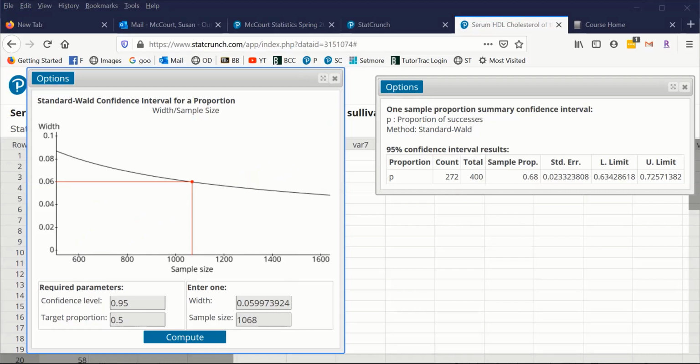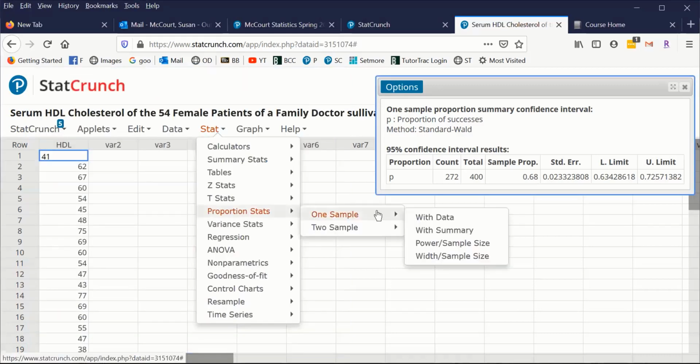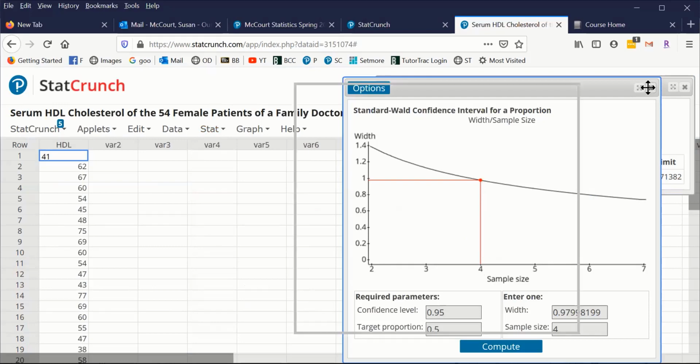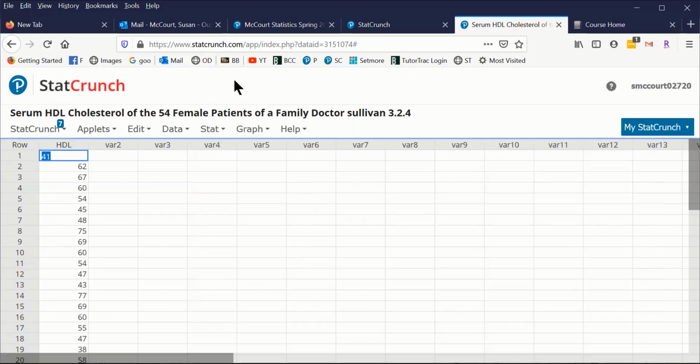So it's Stat, Proportion Stats, One Sample, and then With Sample Size. Okay, Proportion, One Sample. I remember that now. The Width, Sample Size. Again, it's on that formula sheet. When you pull it out, Kate, you'll go, oh, yeah. I'm going to be like, oh my God, why didn't I print this out weeks ago? Okay, so that gets us through 15 points of the 25 points. So you're already two-thirds done.